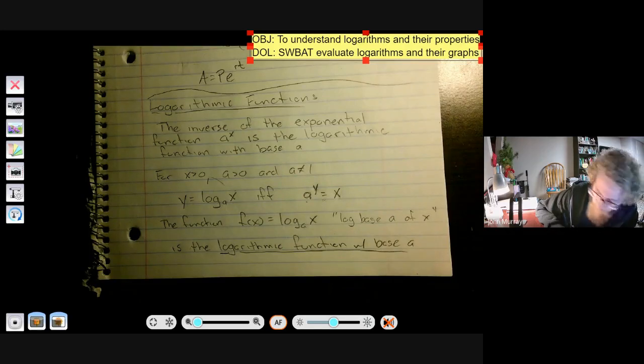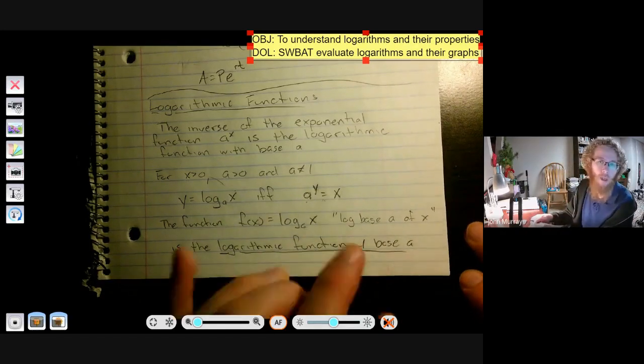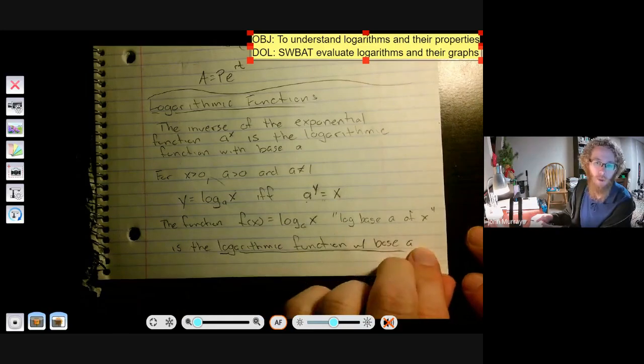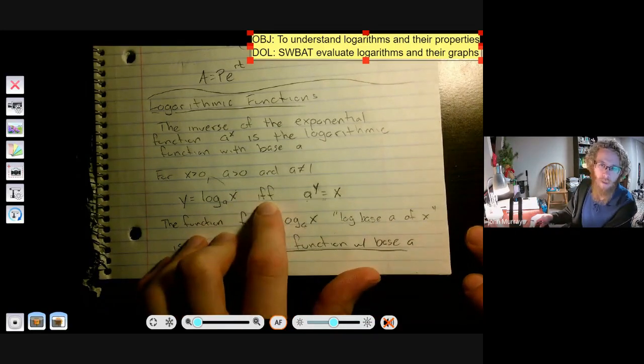So let's actually use some numbers so we can see the exact relationship between those two expressions.